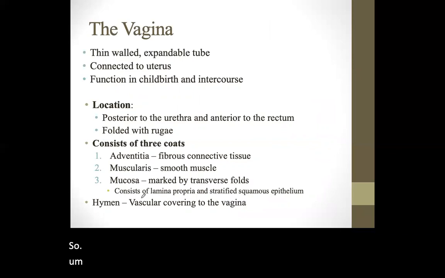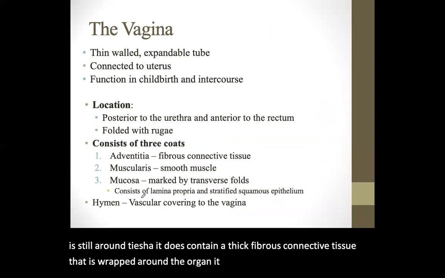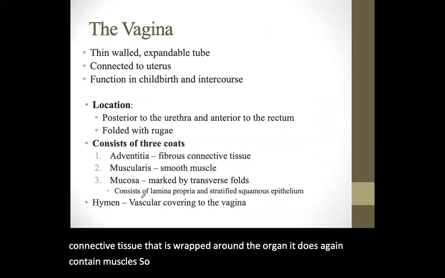What is the histology of the vagina? A couple things. The outermost layer is the adventitia. It does contain a thick fibrous connective tissue that is wrapped around the organ. It does again contain muscles, so it contains smooth muscle in its muscularis layer.